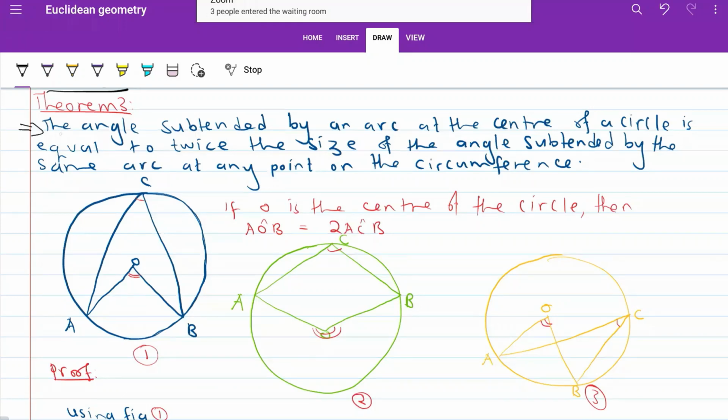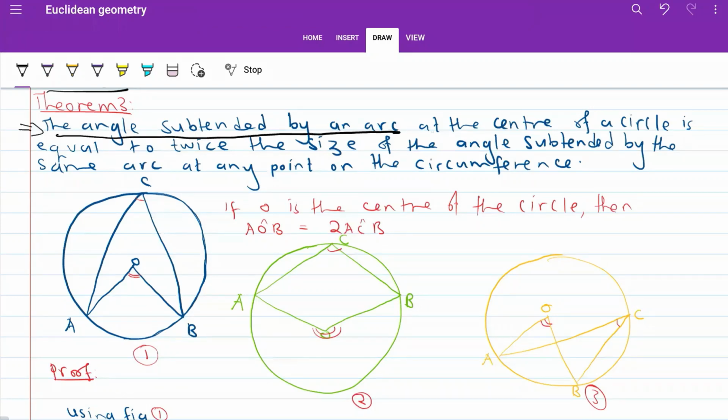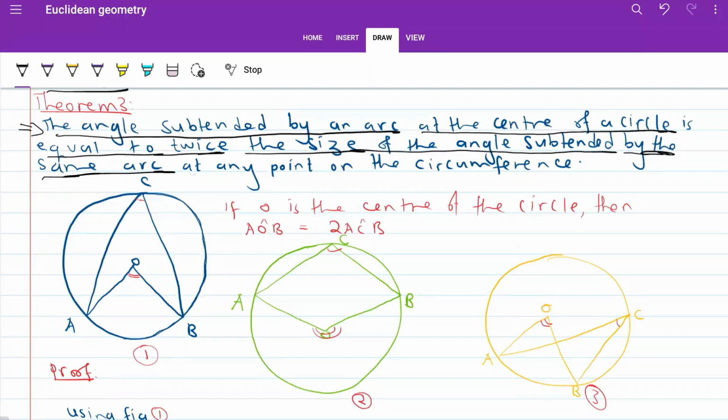Theorem three says that the angle subtended by an arc at the center of the circle is equal to twice the size of the angle subtended by the same arc at any point on the circumference of the circle. So with the illustration, we have our angle C subtended by arc AB.